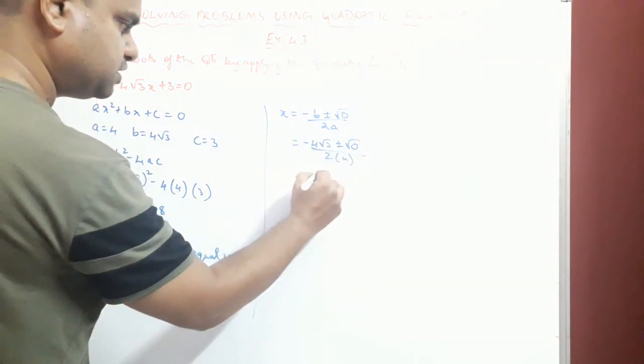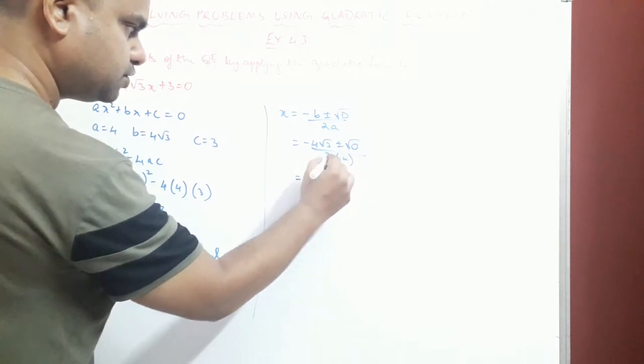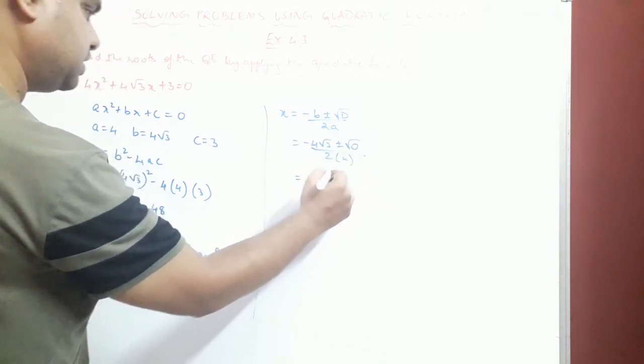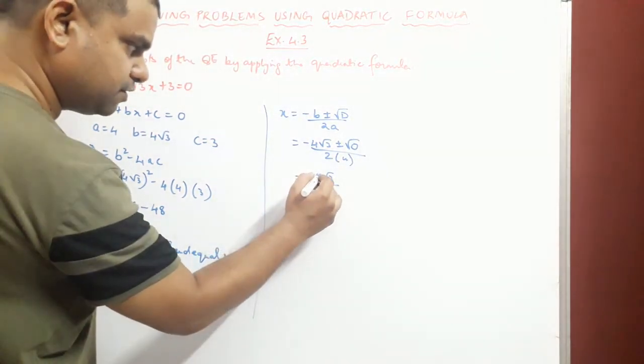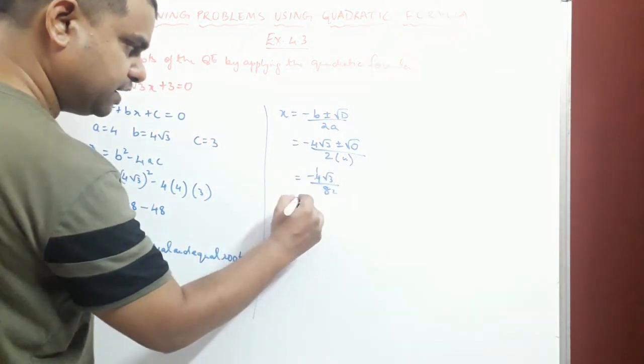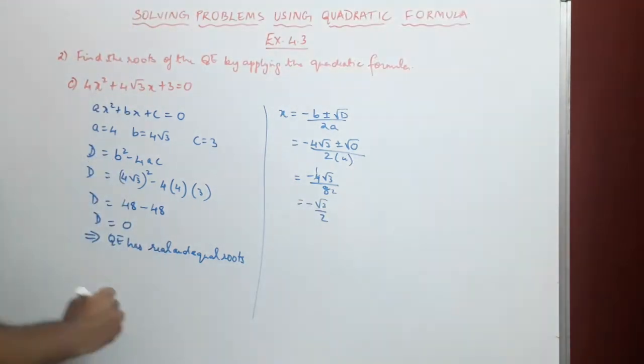We get minus 4 root 3 upon 2 into 4, which gives us 8. We can cancel something over here. 4 ones are 4, 4 twos are 8, and finally we get minus root 3 upon 2.